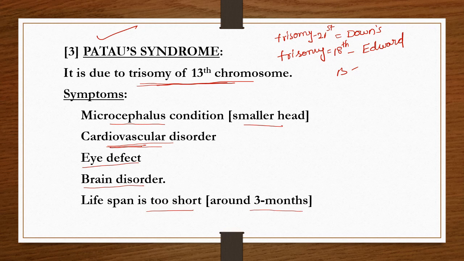So an individual born with Patau's syndrome can survive only 3 months. For all these trisomies, the karyotype or genotype is 45 autosomes plus XX if female, or 45 autosomes plus XY if male.